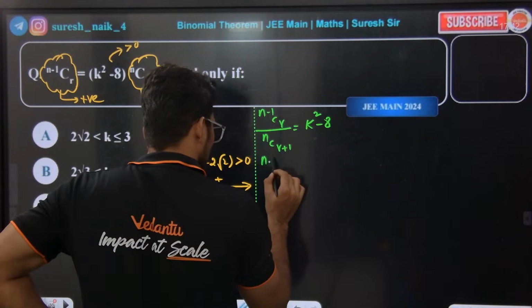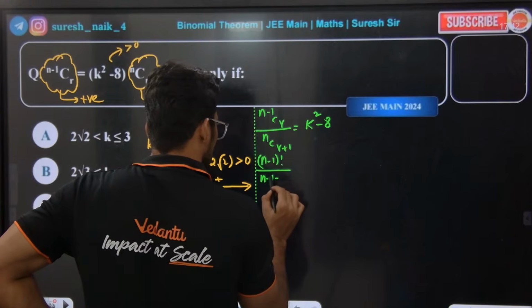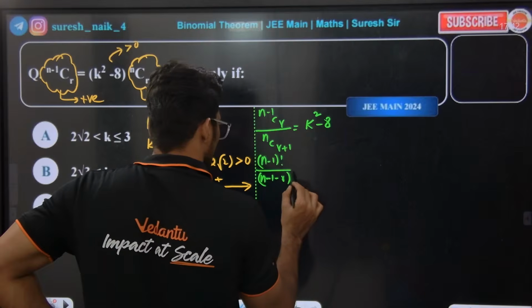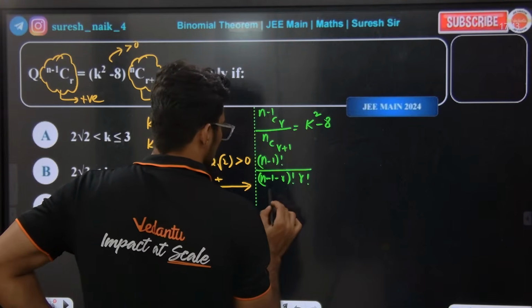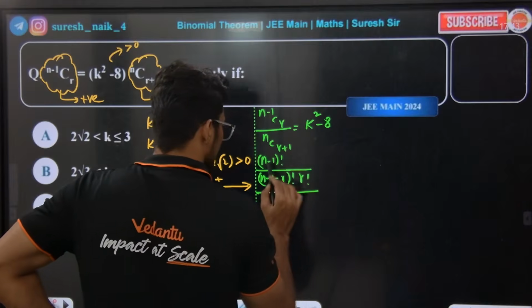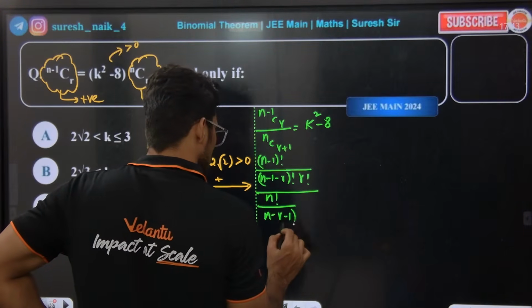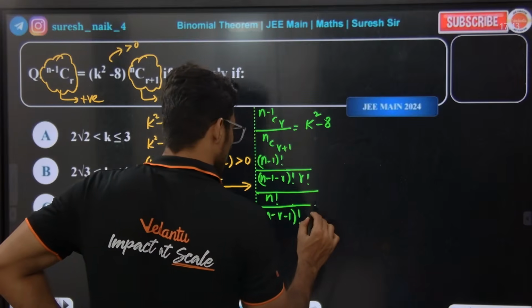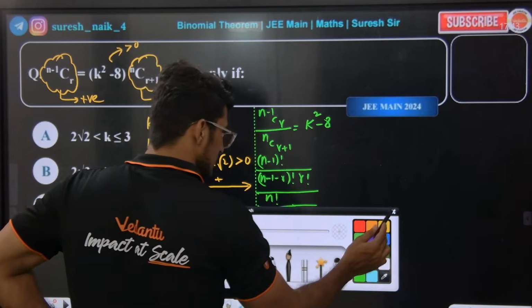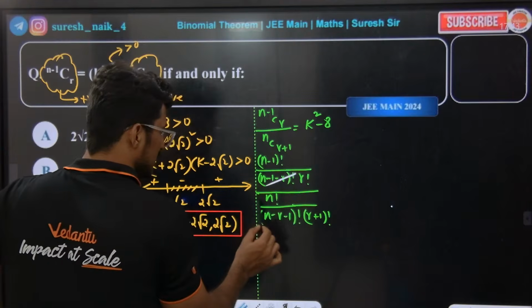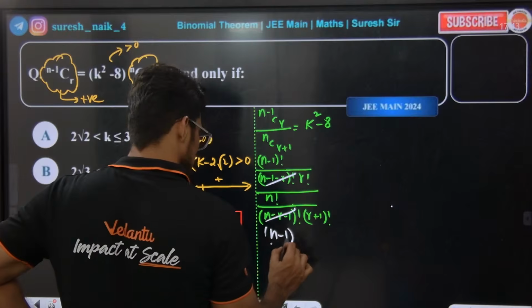Solving this: (N minus 1) factorial by (N minus 1 minus R) factorial into R factorial, divided by N factorial divided by (N minus R minus 1) factorial into (R plus 1) factorial. Correct? Now this can be easily cancelled. Okay, on top, (N minus 1) factorial as it is.